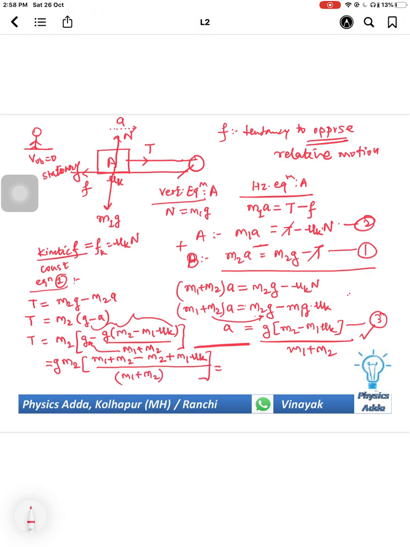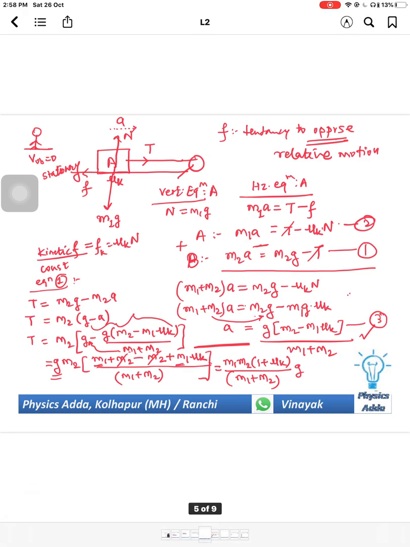So this M2 gets cancelled, and this M1 I can take outside. This becomes M1 into 1 plus mu K, divided by M1 plus M2, into this G.